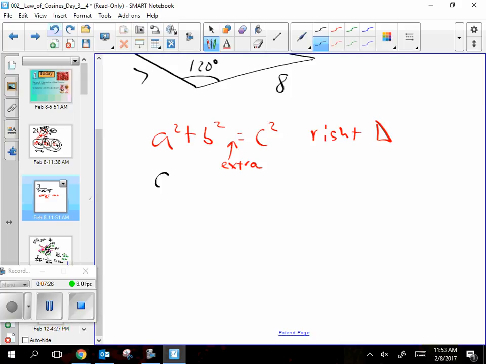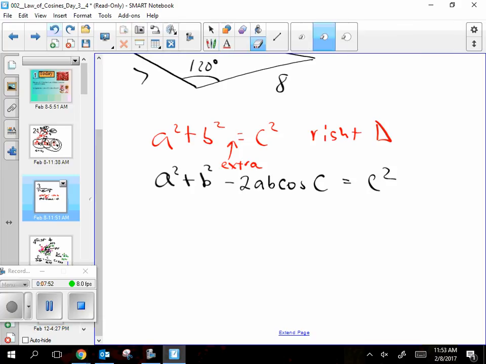a squared plus b squared minus, now we do know an angle. Did you notice that in the right triangle formula, you don't have anything about the angle? We do know an angle in this triangle, so we use it. a squared plus b squared minus 2ab cosine C is equal to c squared.